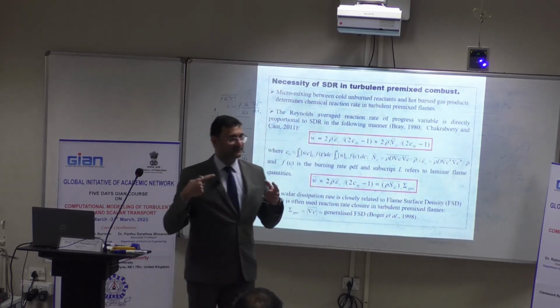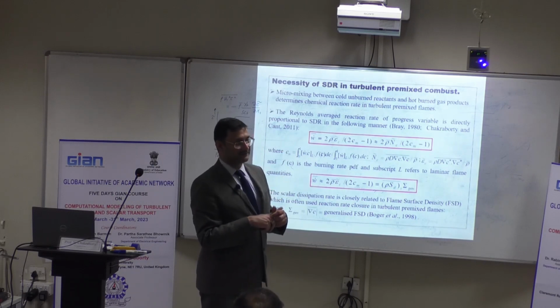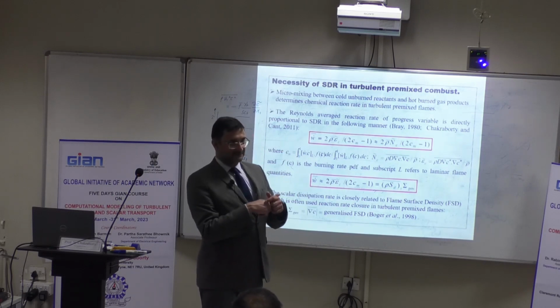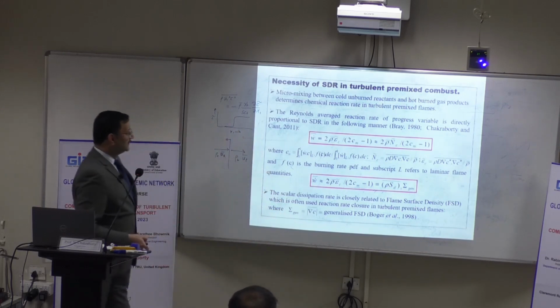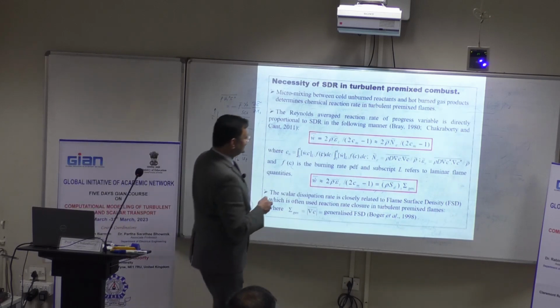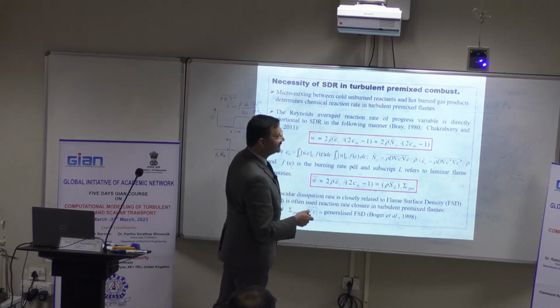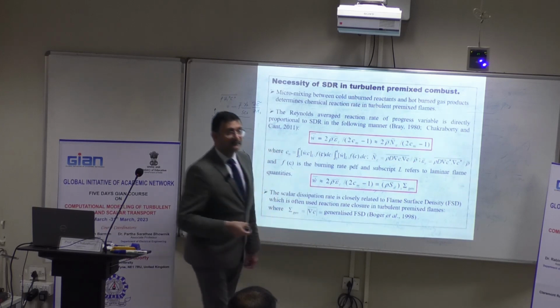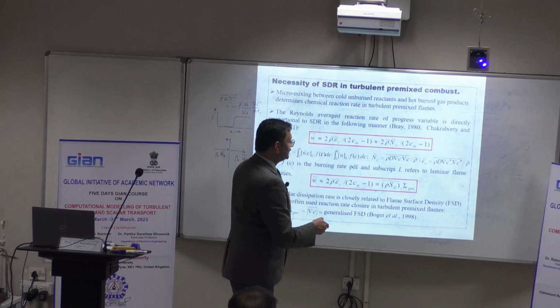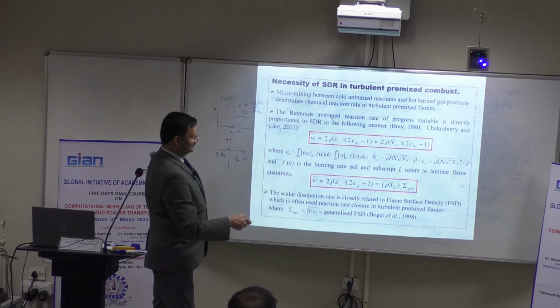I told there is no straightforward way to actually approach it because reaction rate is a highly nonlinear function of temperature and the species mass fractions. So this is one way of doing it. But before I go any further, N C tilde is this quantity, and epsilon C tilde is the fluctuating part of N C tilde. In RANS, the average contribution is often negligible in comparison to this, so very often, essentially, equality is considered between these two.